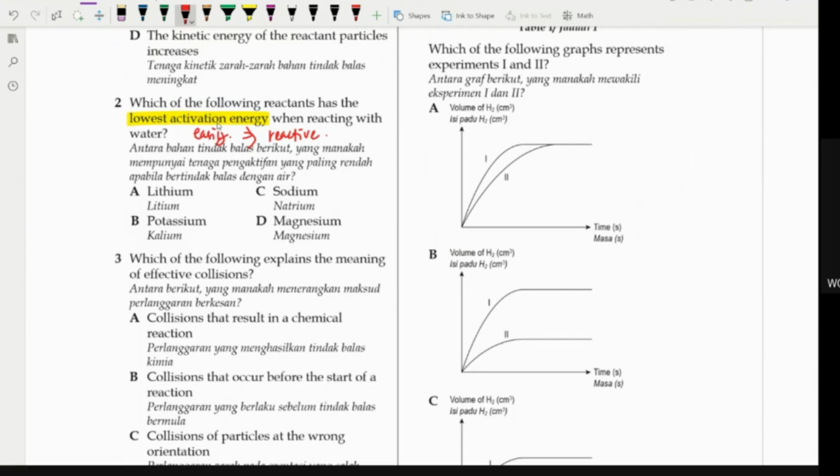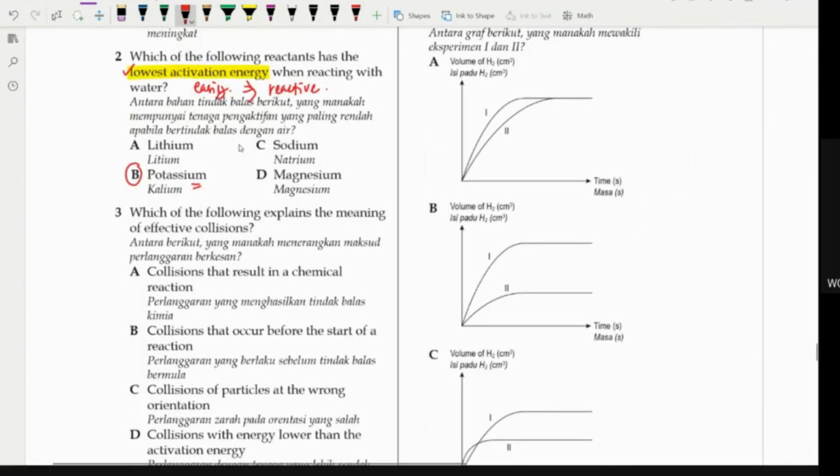So which one? Yes, it's B, because potassium is the most reactive among sodium and lithium. They are all very reactive, but this one is the most reactive. So the lowest activation energy here refers to the most reactive, because it can react faster.